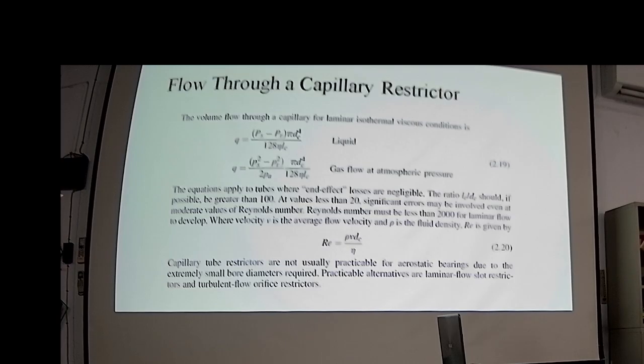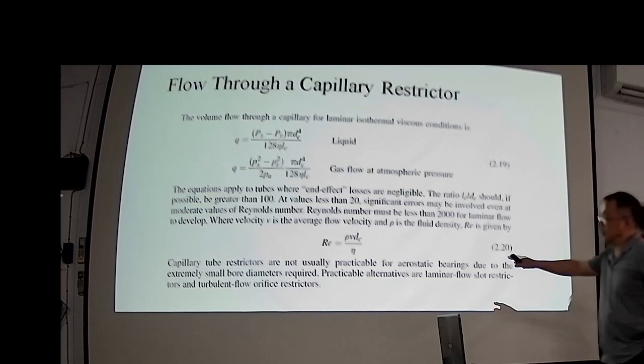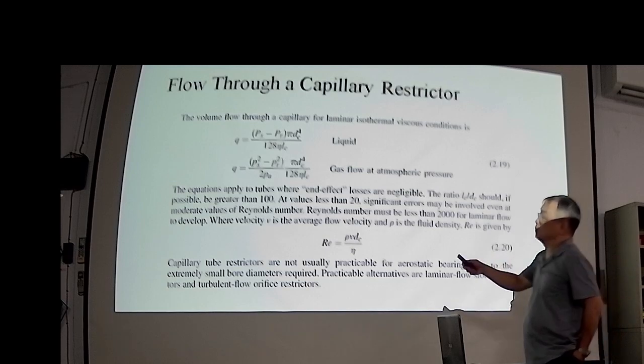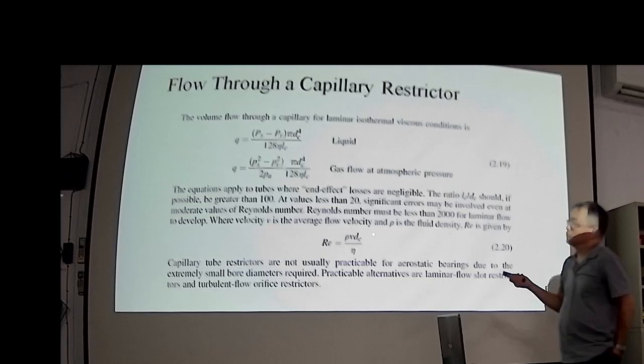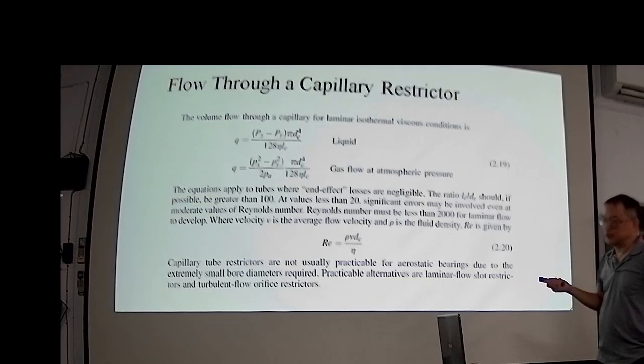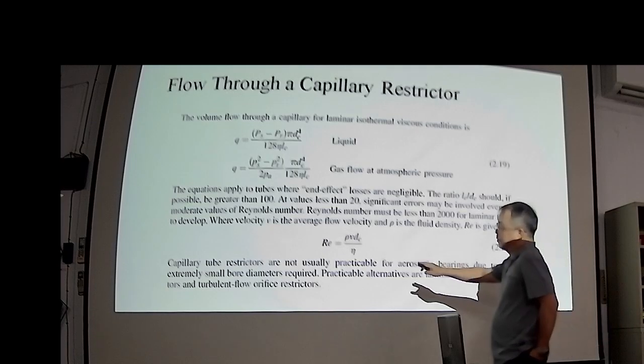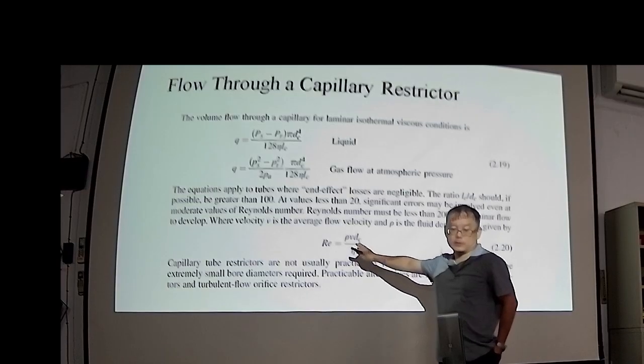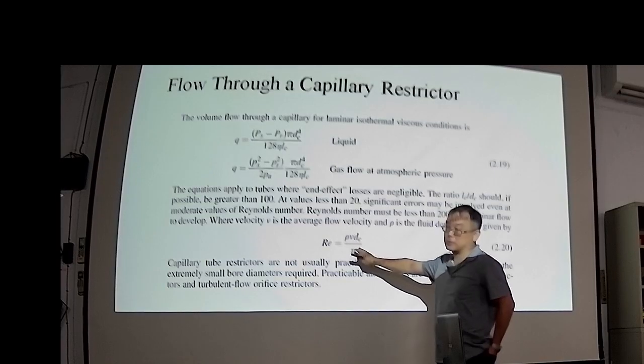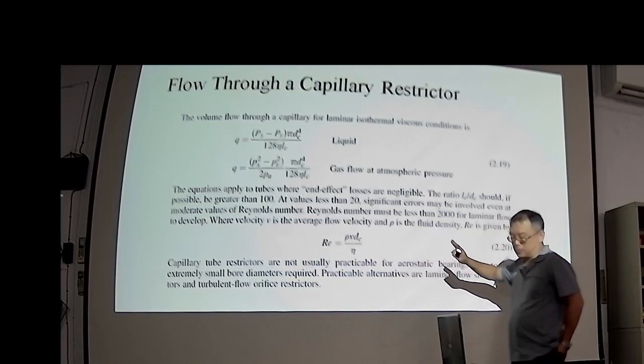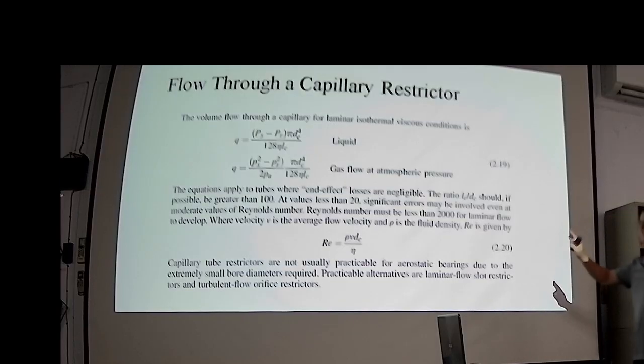And last time we also mentioned the restrictor. We have the capillary restrictor falling into the category of laminar flow. For laminar flow, the Reynolds number of the viscous flow is smaller than 2,100, or some say 2,300.